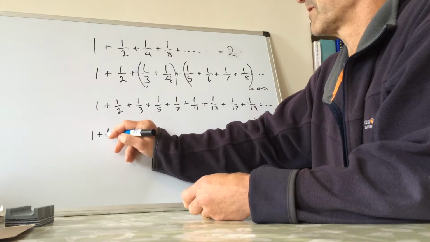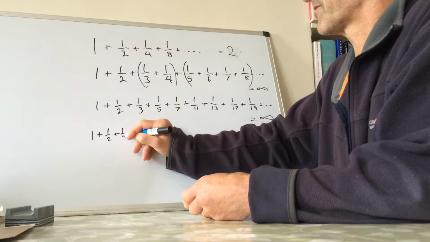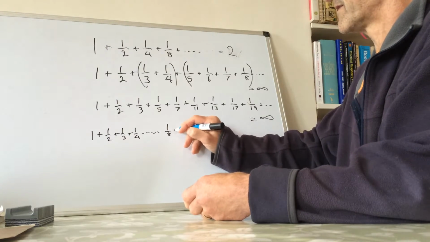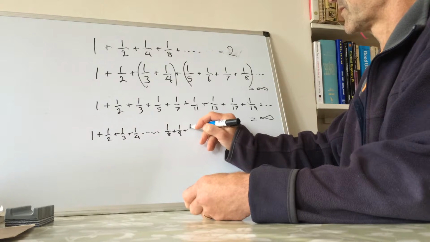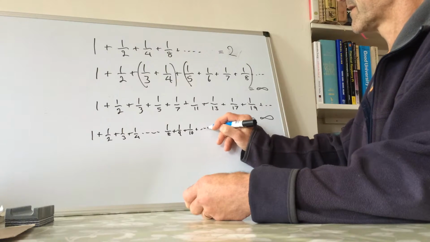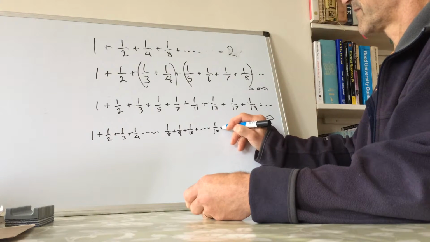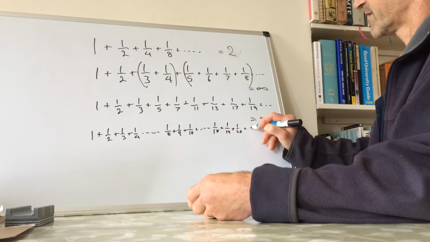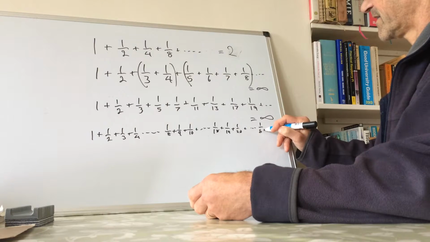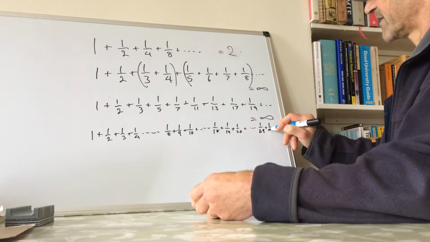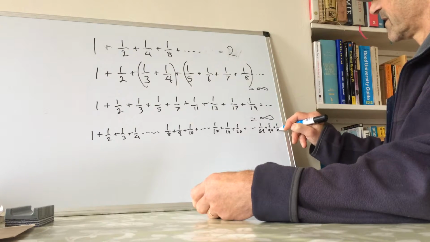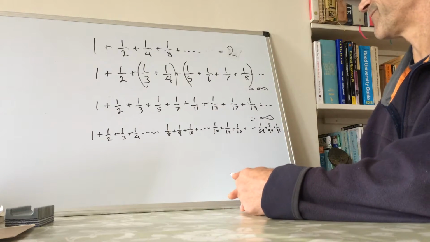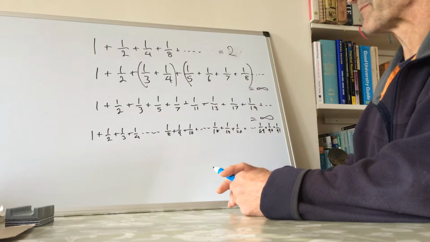1 plus 1 over 2 plus 1 over 3 plus 1 over 4, up to 1 over 8, 1 over 9, 1 over 10, plus 1 over 18, plus 1 over 19, 1 over 20, plus 1 over 89, plus 1 over 90, plus 1 over 91. Okay, so I'm writing them all out, but I'm leaving a few gaps.